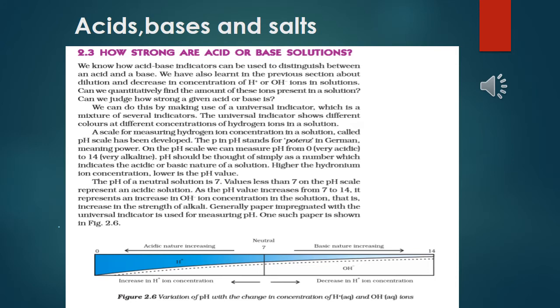Pure water always lies here because water is neither acidic nor basic. So the pH of water is always 7, and if any acid, where hydrogen ion is present, then its pH will be less than 7, and if any base, then its pH is always more than 7 and up to 14. If it is 14, then it is a very strong base, and if it is 1 or 2, then it is a very strong acid.